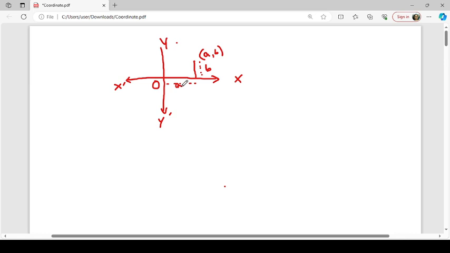Means the distance of the point from the x-axis is b and the distance of the point from the y-axis is a. Or you can say a is the distance when we measure along the x-axis, and b is the distance when we measure along the y-axis. And this coordinate system we say Cartesian coordinate system.